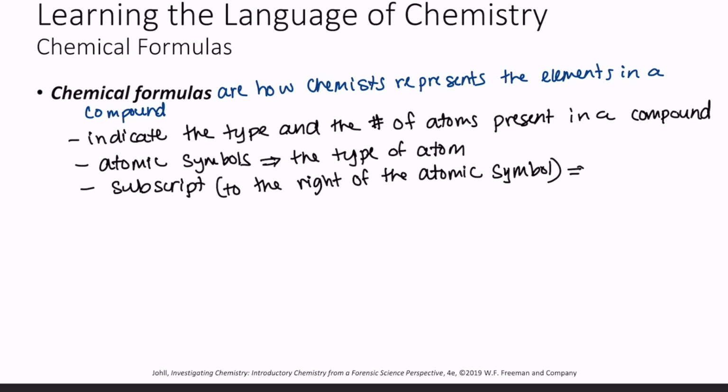And this represents how many of each atom is in the compound. So if no subscript is listed, there is only one atom of that element present in the compound, and metals are always listed before nonmetals in a compound.